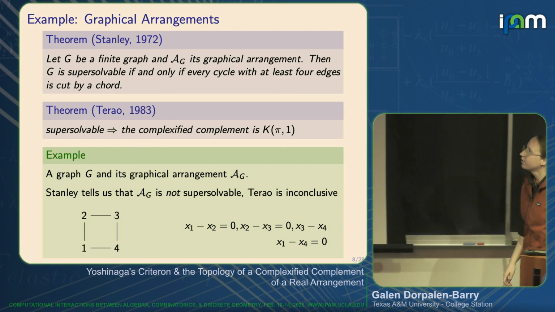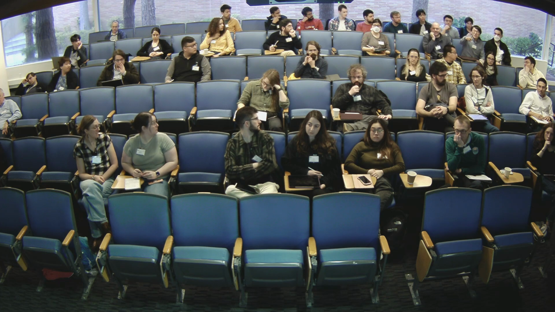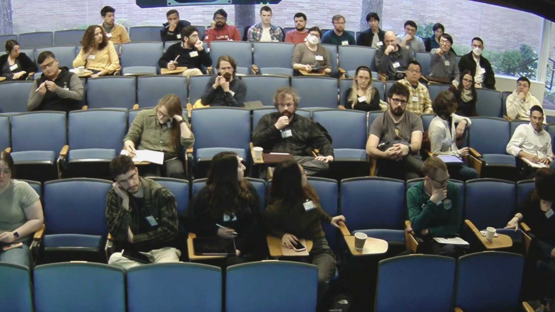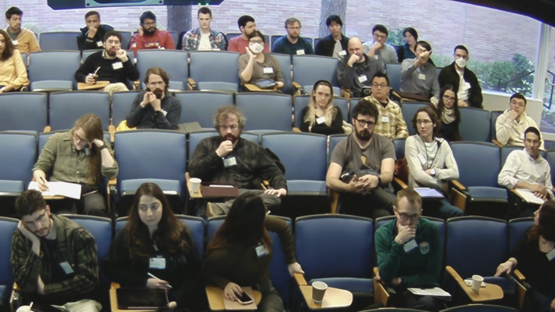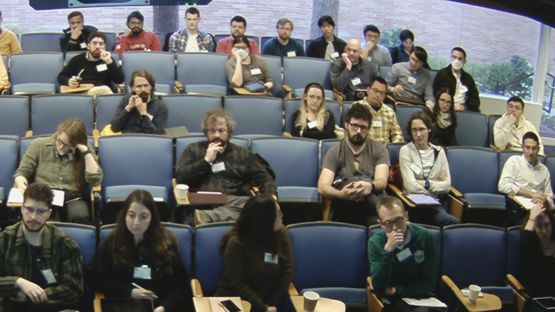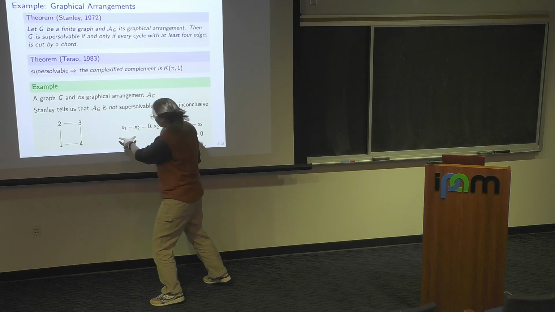Okay. Sorry? Just to be clear, you're taking the complexified complement of that solution set on the bottom right? Yes. Okay, cool. Sorry, I should have explained this better. I can't draw this, but maybe I'll just say it verbally.